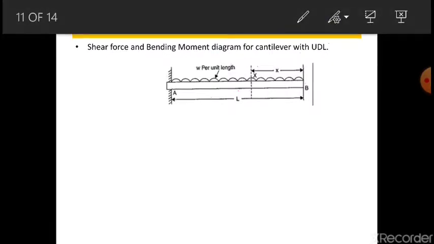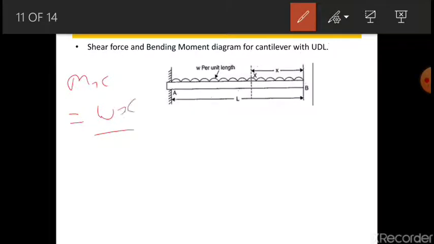So what will become, Mx is equal to W into L, that is your point load. What is the distance? It is half the distance what you have taken. It is not L, it is X, because we are calculating for the X distance, right?